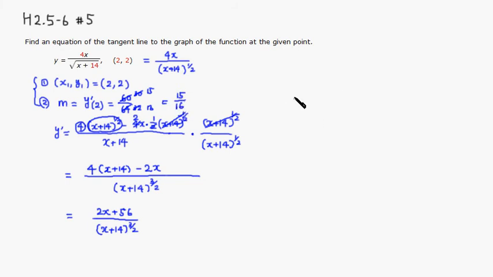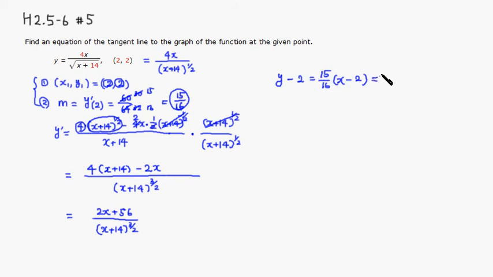Then we can find the equation by using the point-slope form. So it's going to be y minus y1, which is 2, equal to m, which is 15 over 16, times x minus x1, and x1 is 2. Let's rewrite it in slope-intercept form.